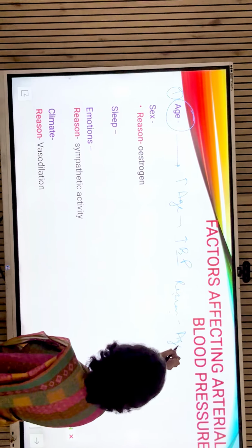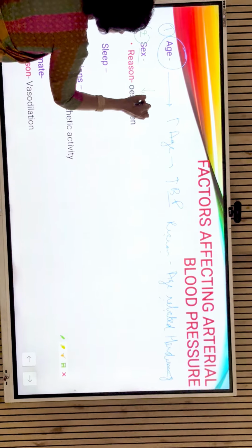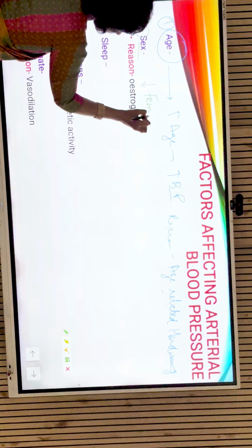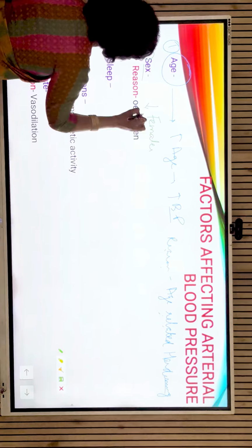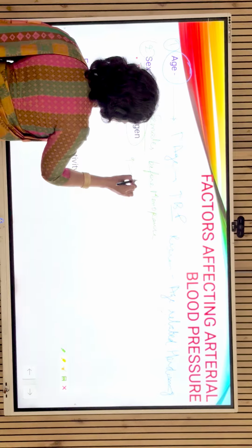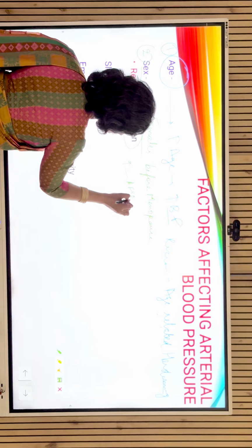The second factor is sex or gender. Before menopause, blood pressure is lesser in females, the reason being the estrogenic effect. But after menopause, there is a slight increase in blood pressure. Okay, a rise is seen after menopause.